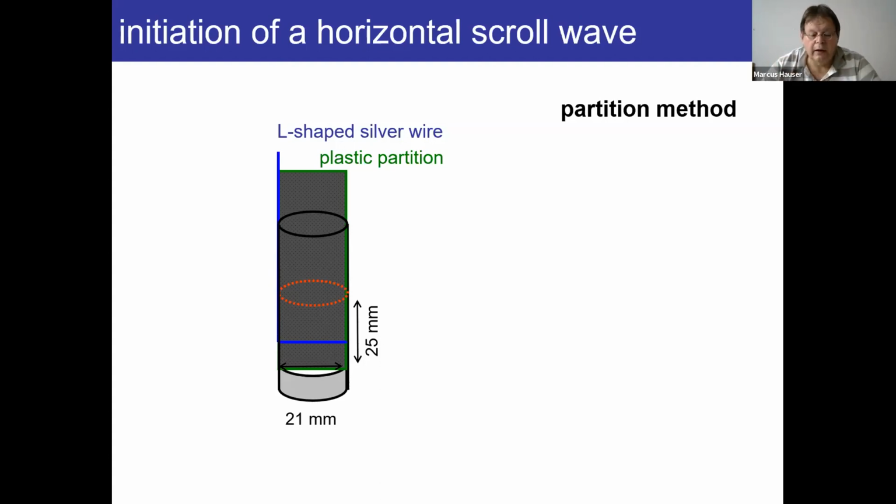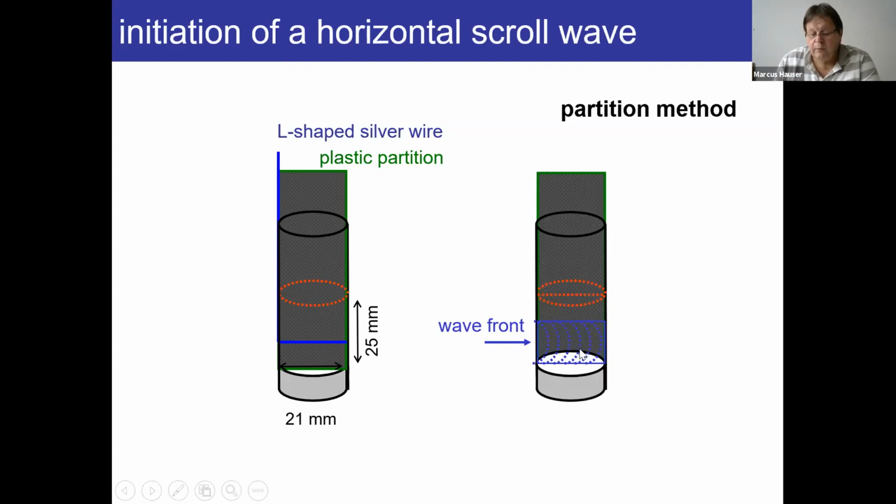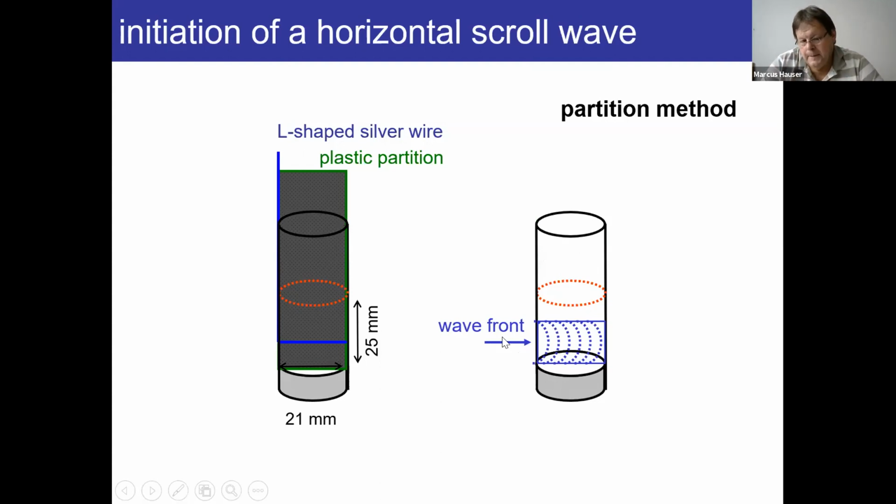And once this wave starts propagating over a certain distance, we remove this partition sheet, and the gel is still a little bit soft. It will cure, and then we have 2 open edges which will start forming scroll waves, and we'll have two filaments. We wait until one of the filaments hits the bottom, so we are left with one filament which we are looking at in the experiment. Then we close the whole thing and we start.